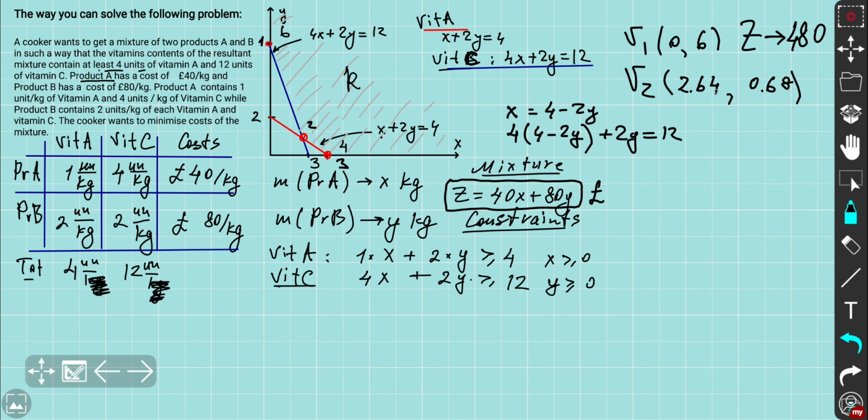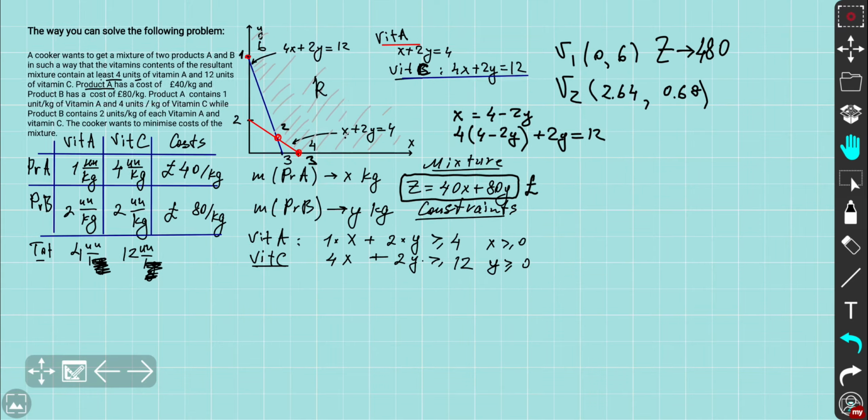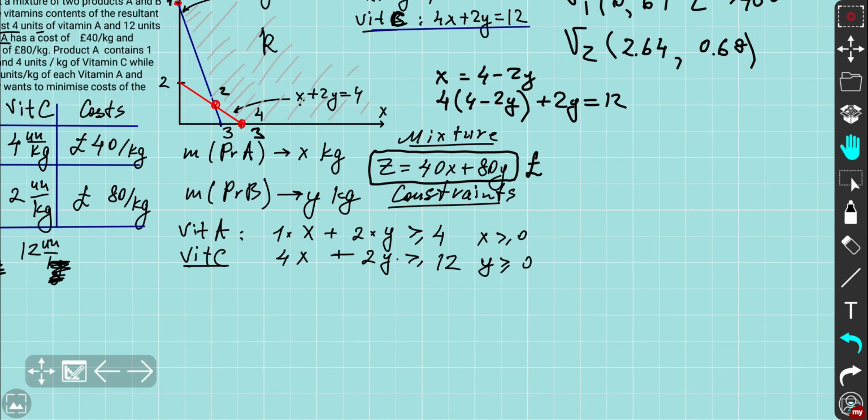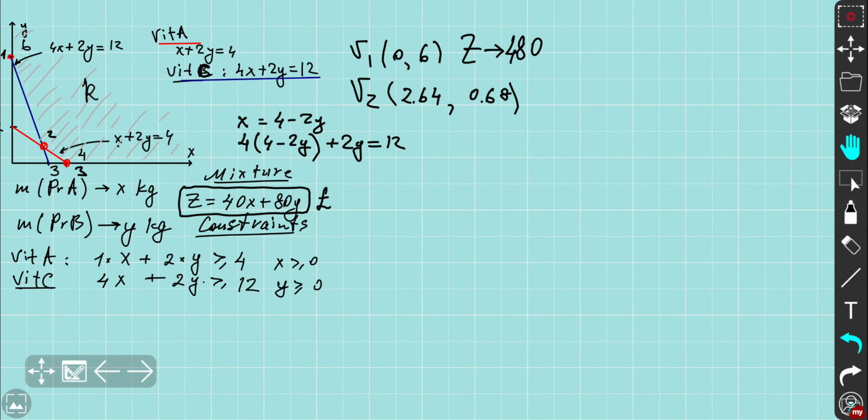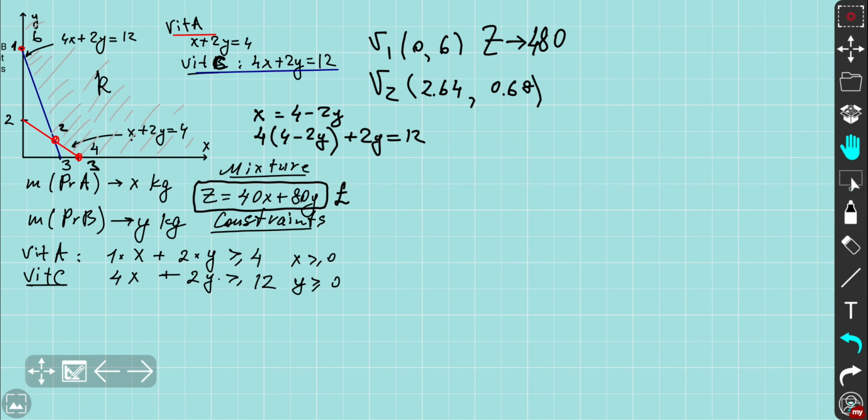Okay, let's calculate the z function in that case. If we plug those coordinates into the equation of the objective function, 40x plus 80y, let's see what we get.